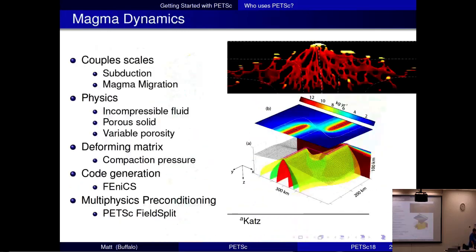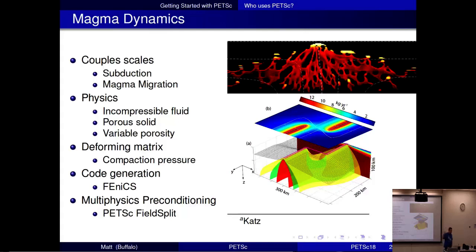So showing off meshes. This is in magma dynamics. It's a good example of sort of traditional multiphysics where I have two-phase flow, so I have an incompressible fluid in a deforming solid matrix. So the solvers are fairly sophisticated, and we can put those together easily.